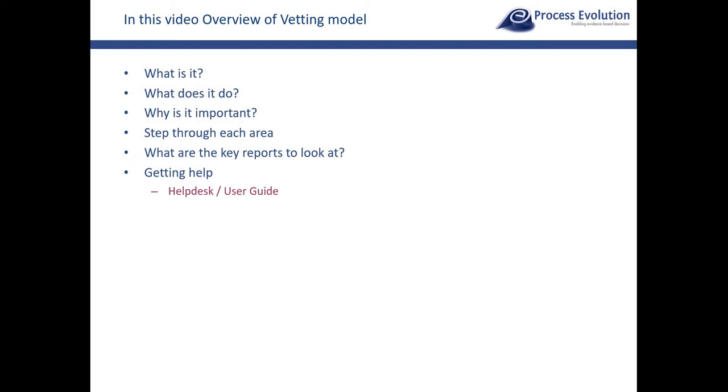So what is it? The vetting tool is a bespoke model that allows users to demonstrate resource requirements for vetting teams, test alternative processes and working practices, and create shift patterns. The key benefits revolve around being able to produce reliable and consistent quantifiable resource requirements.